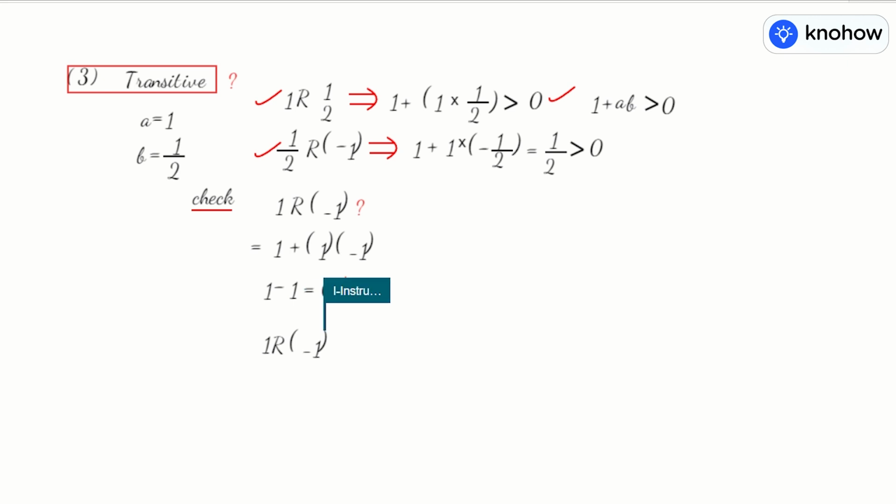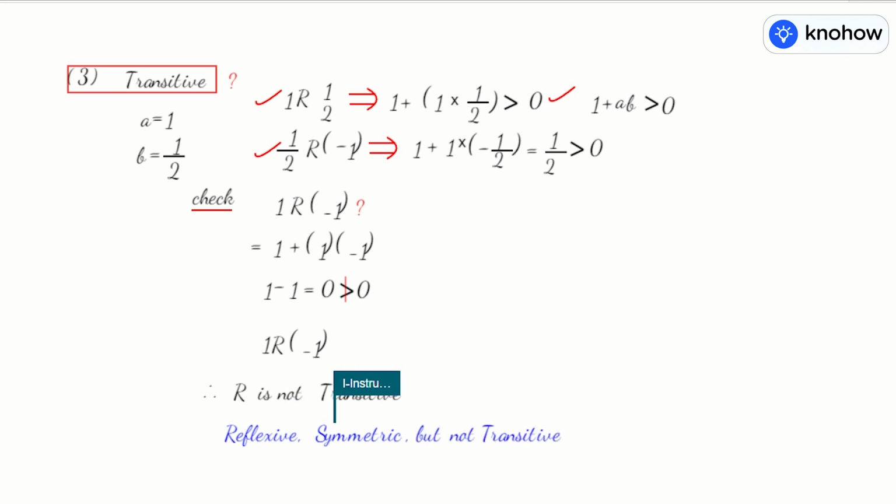That 1 is related to half, half is related to minus 1, but 1 is not related to minus 1, and hence we conclude that R is not transitive. So we have proved that the example I have chosen is such that the given relation is reflexive and symmetric but not transitive.